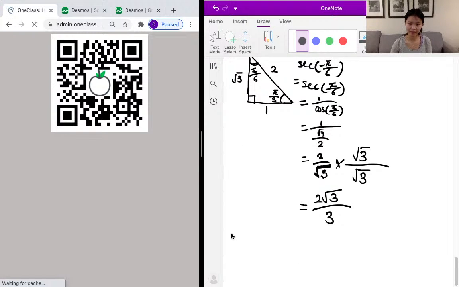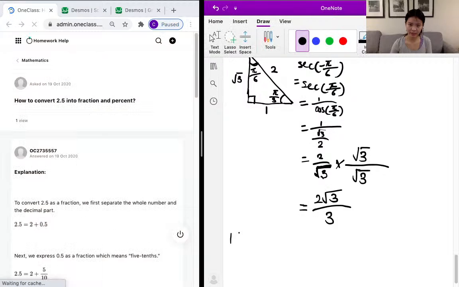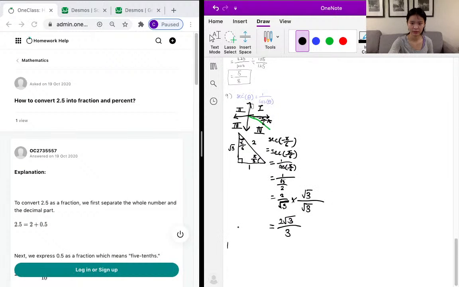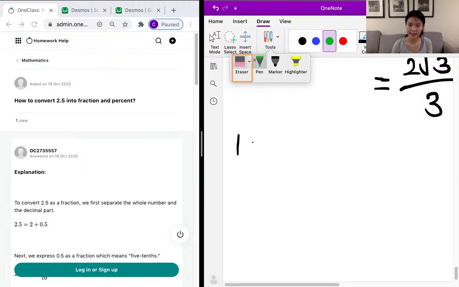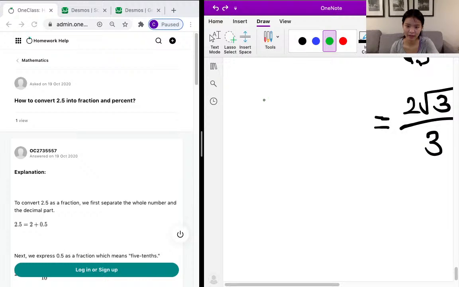Problem number 10. Oh, we're using a marker instead of a pen. That's why it's so thick.